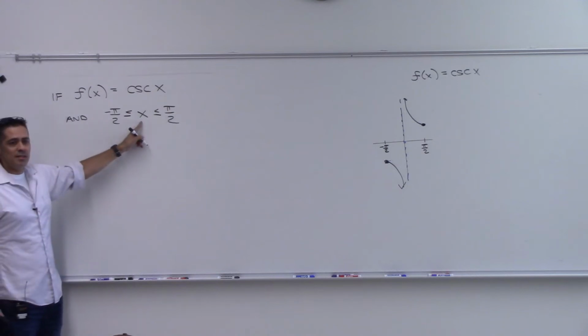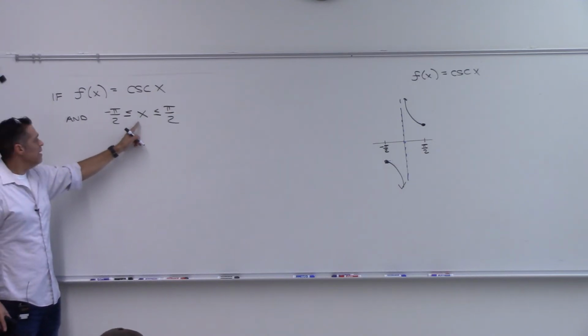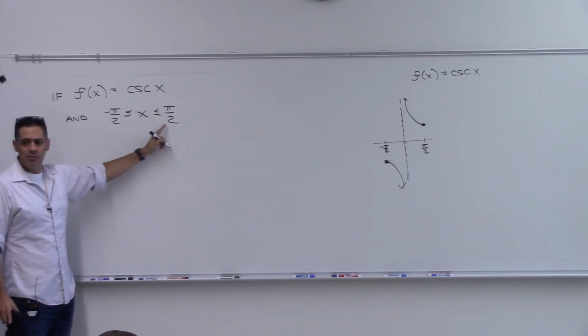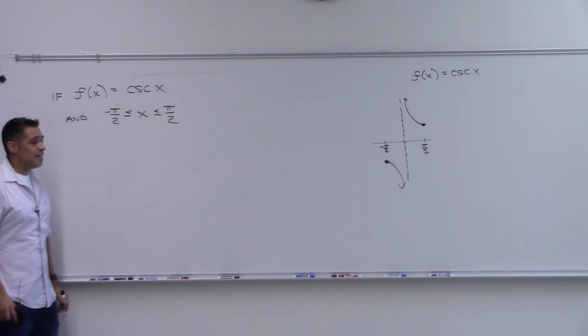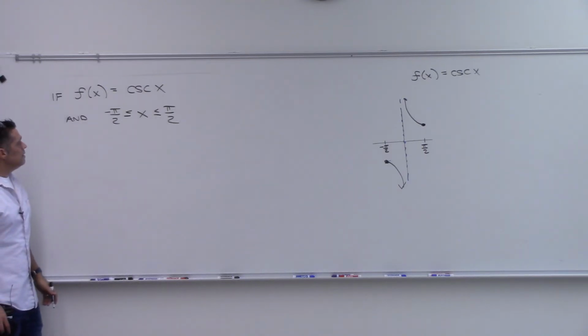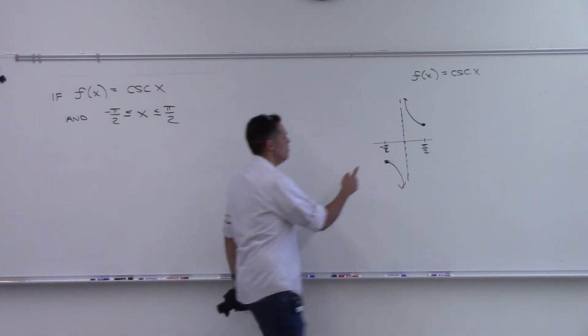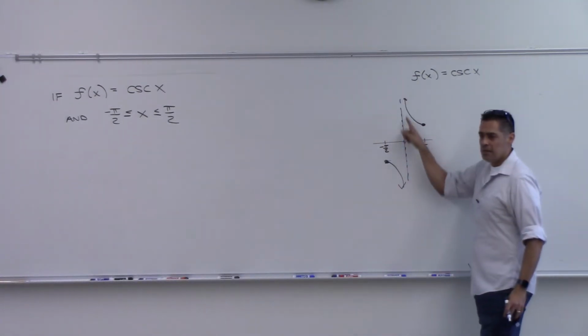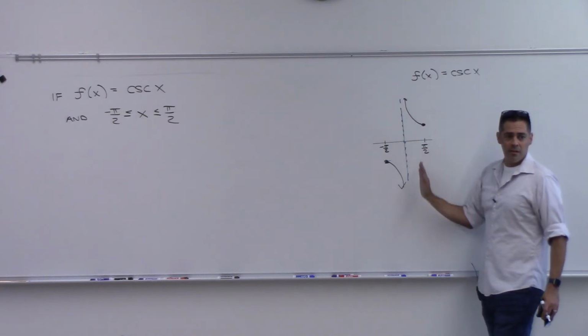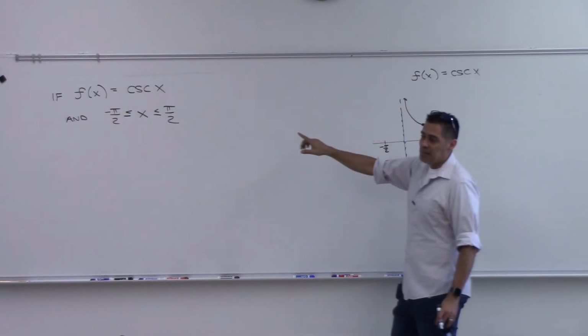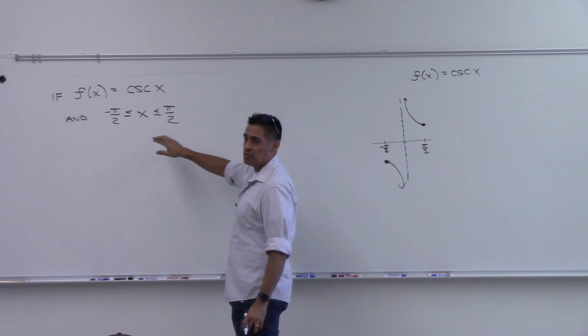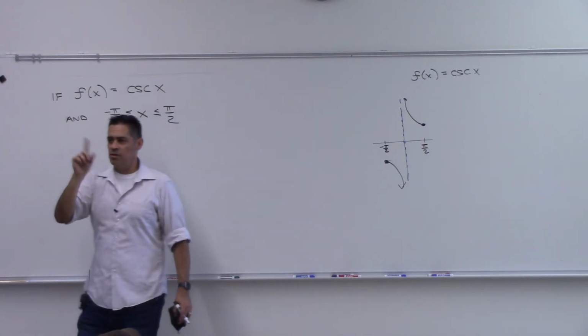So do y'all see that it is not okay for me to just say x between negative pi over 2 and pi over 2? I also can't have x be what? 0. If x is 0, then I have an asymptote here. Okay, so I need to modify this domain restriction. You have a question or you're just thinking it through? Okay.